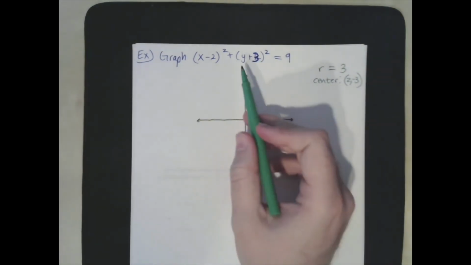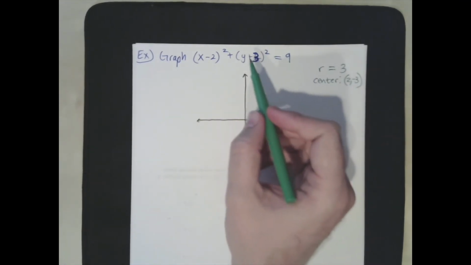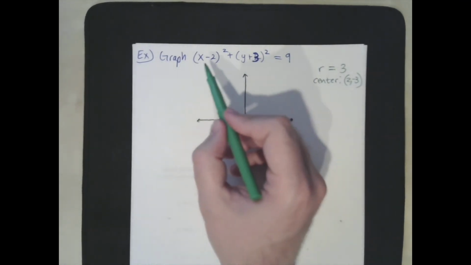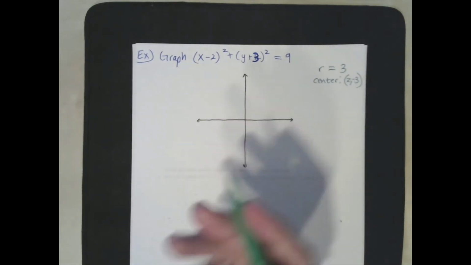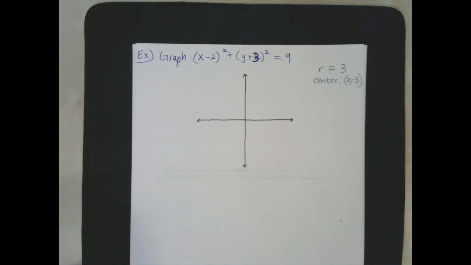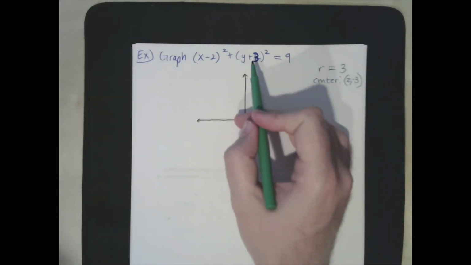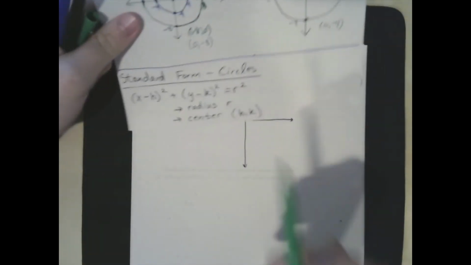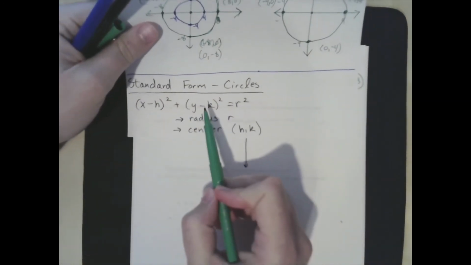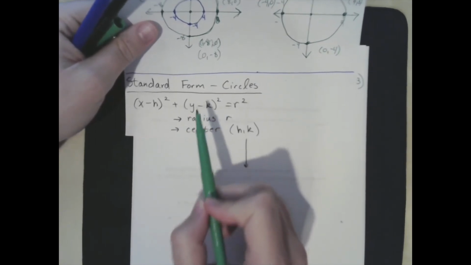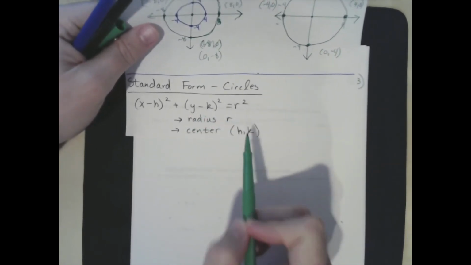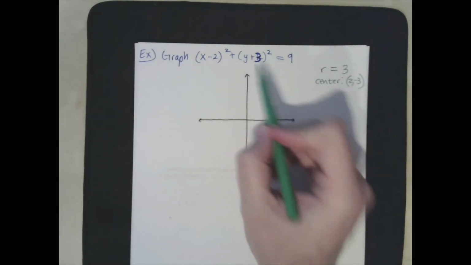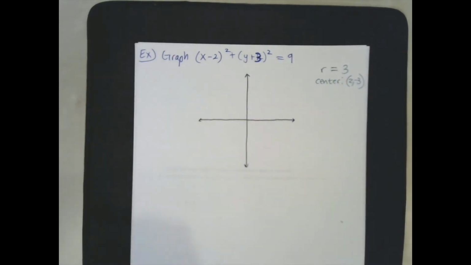If you remember our old convention from quadratics, when it's positive inside the parentheses like this, it means that the vertex was at the negative number. Same thing applies here. Standard form is a minus sign in both. So when it's plus inside, that means that it actually is negative in your center. So this is plus 3, which makes it negative 3 on the center.